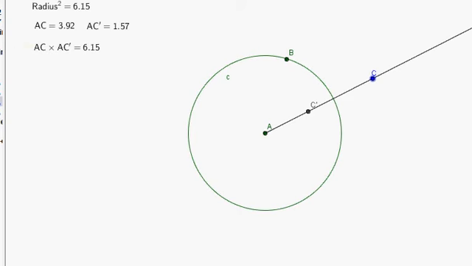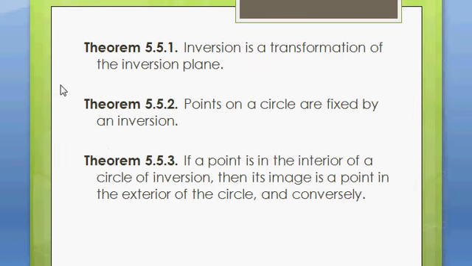So the theorems there, which are just what I said: the inversion is a transformation of the inversion plane. It is a one-to-one and onto function from the plane to the plane. The center of the circle goes to infinity, and infinity goes to the center of the circle. All other points do what we've defined for an inversion.